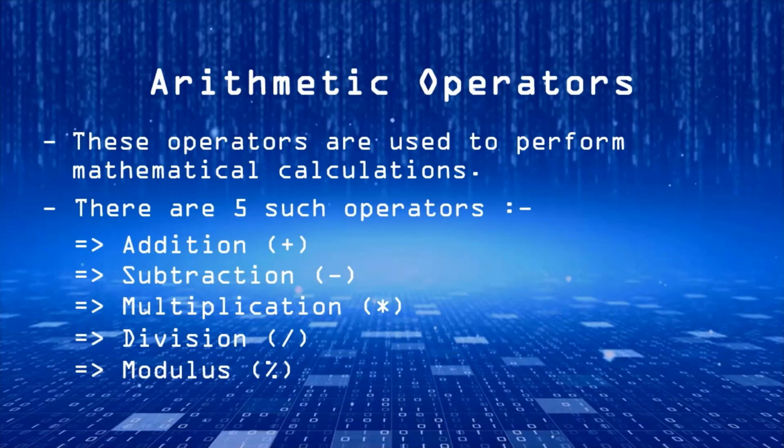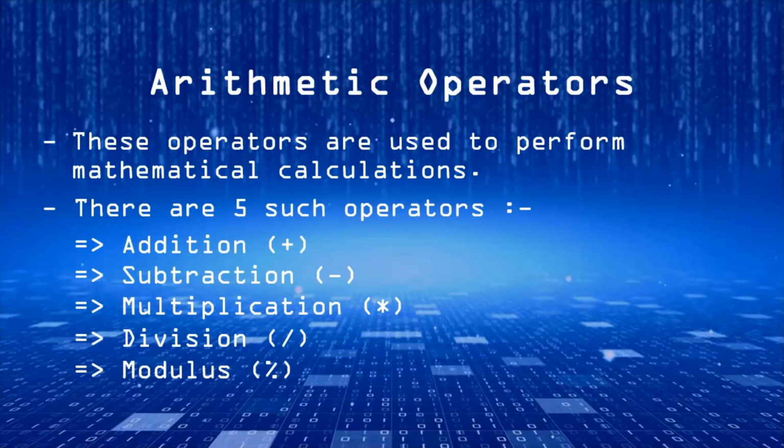Then multiplication, we can use 5 multiplied by 10, and the sign that we use is star, and that represents multiplication. Then we have division, 50 divided by 2, and that will give us 25, and the division sign that we use would be slash.